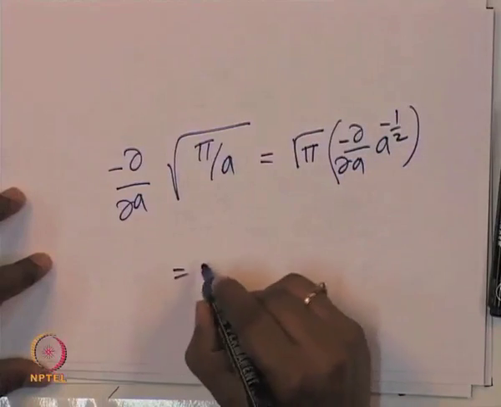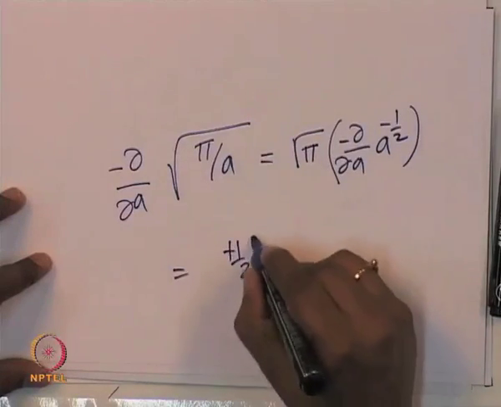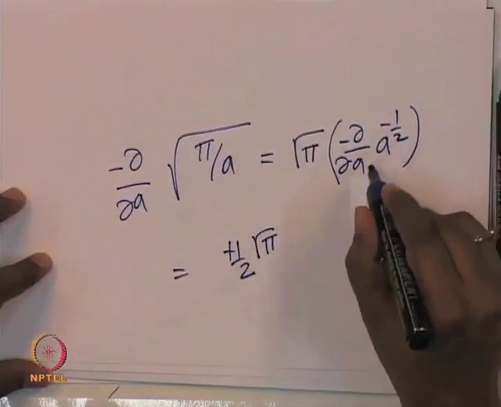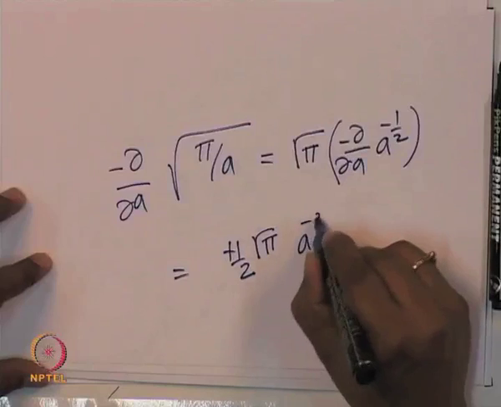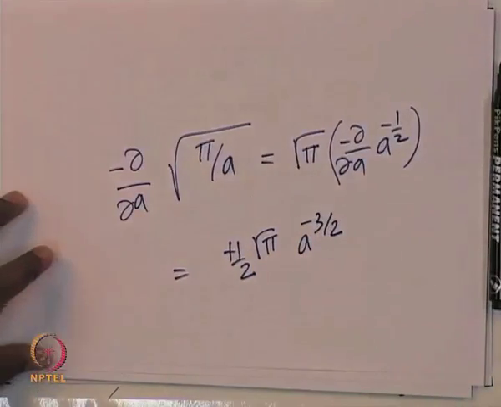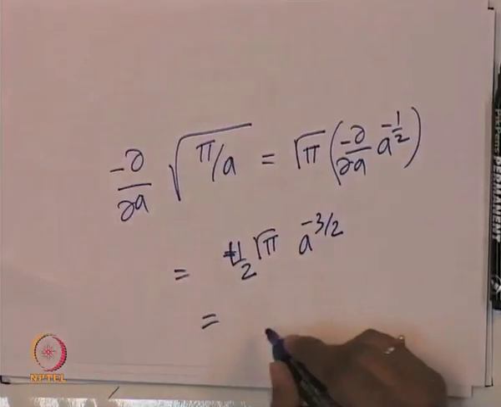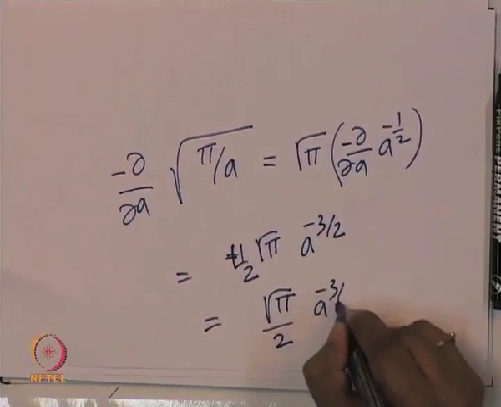So, it is minus half with a minus sign here, plus half root pi into a power minus 3 by 2. This is the answer, with a plus sign here. So, it is basically root pi by 2 into a power minus 3 by 2.